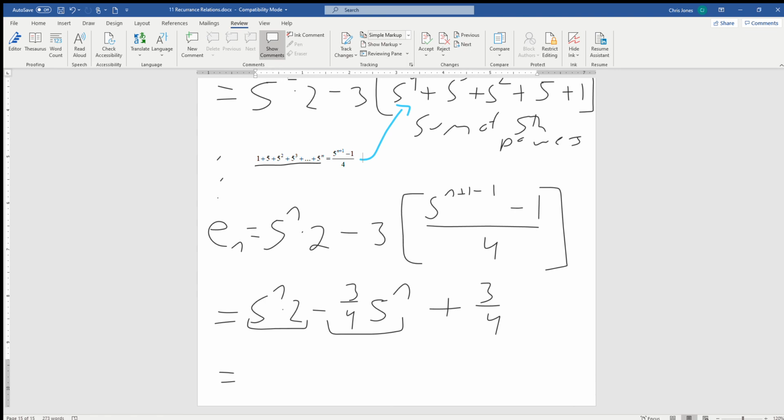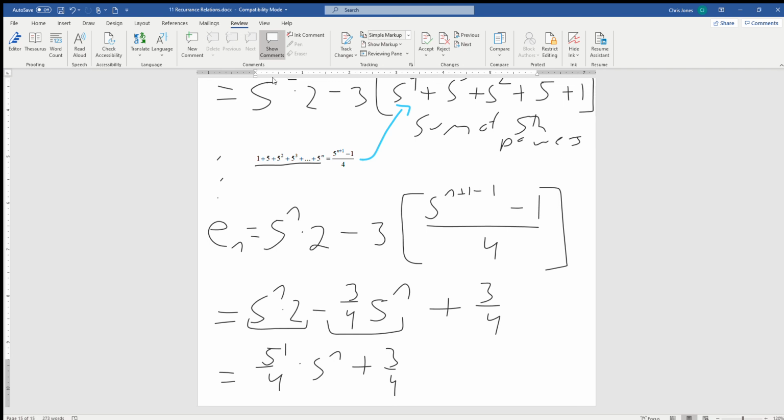So we're going to say 2 minus 3/4, and that should give us 5/4 times 5 to the n. That's 8/4 minus 3/4, which should be 5/4, plus 3/4. What's really cool about this one is that we just happen to have the same bases of 5, so we have 5 to the first times 5 to the n.